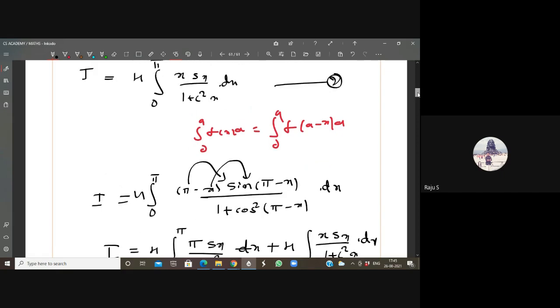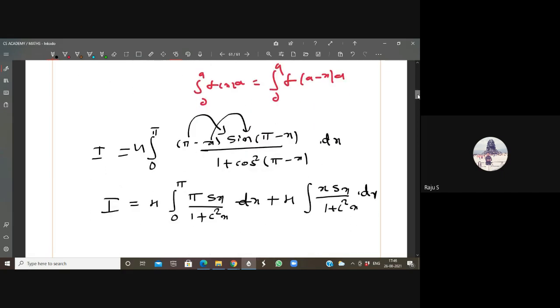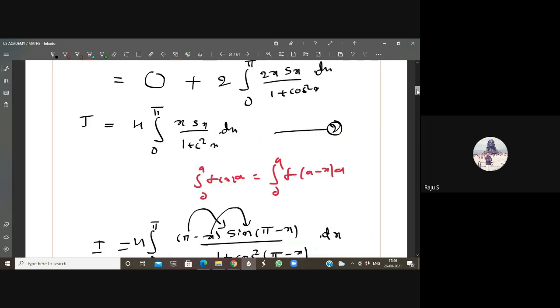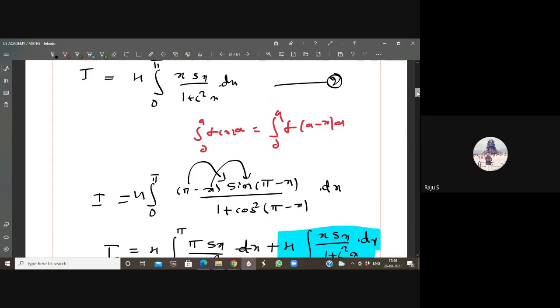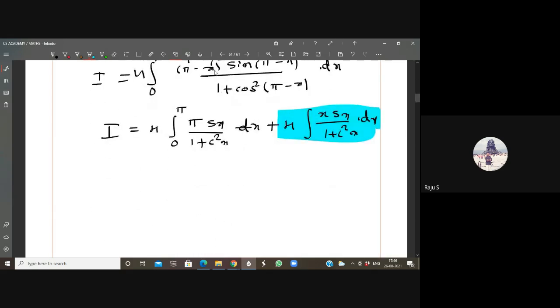From equation 1, what should we write this value? Anyone? What does this value become from equation 2? 4 into the integral from 0 to pi, the same value only, no? Shall I write I? But here, when I take I to the left side, it will become 0.